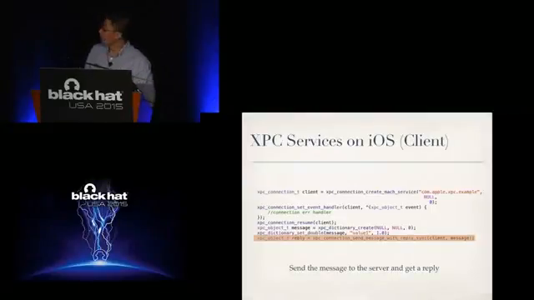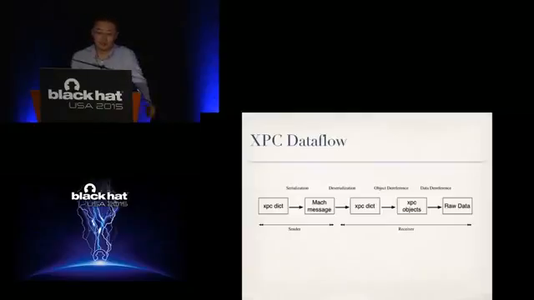This slide summarizes the data flow along the XPC channel. From the sender's point of view, you prepare an XPC dictionary and serialize it into a Mach message, and send it to the other process. From the receiver's point of view, you receive the Mach message and deserialize it into an XPC dictionary.